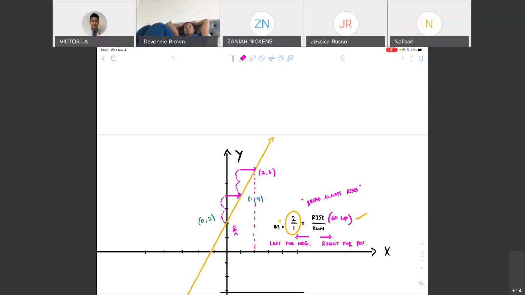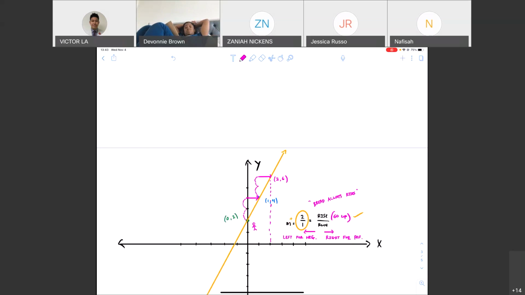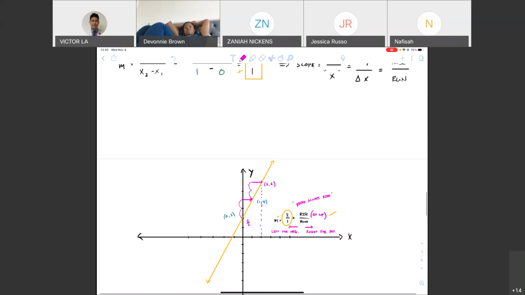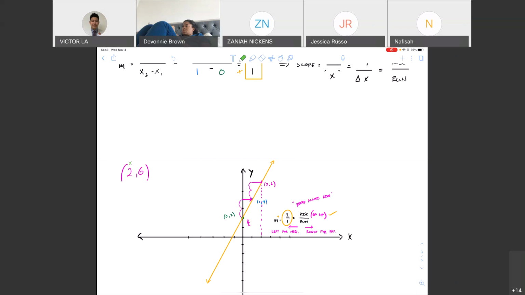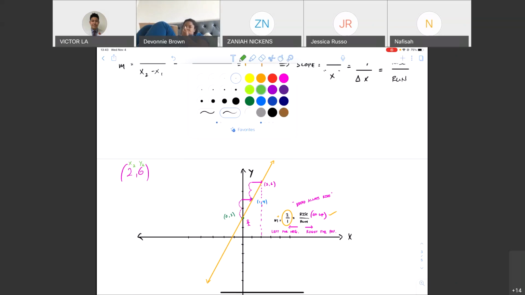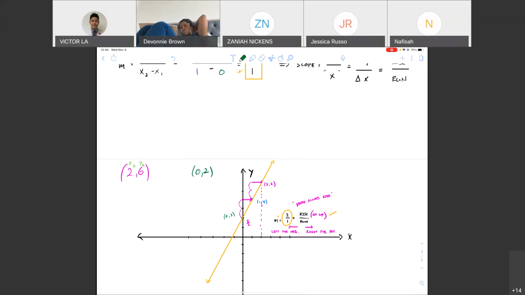And I'm not saying that you have to, but how can you know if your next point, 2, 6, is correct, right? Well, if you take 2, 6, and this becomes your new x2, y2, and then you subtract it from either 0, 2, or 1, 4, right?